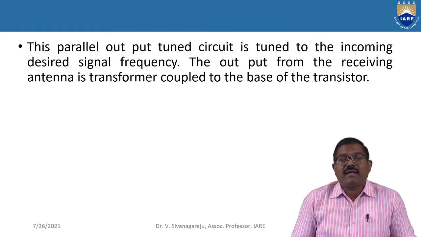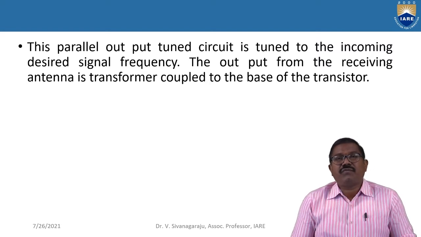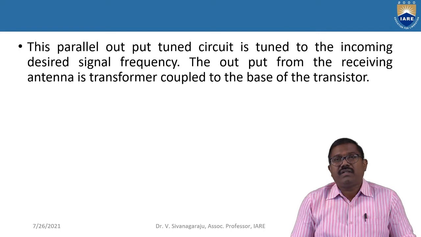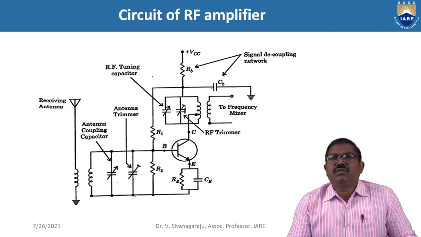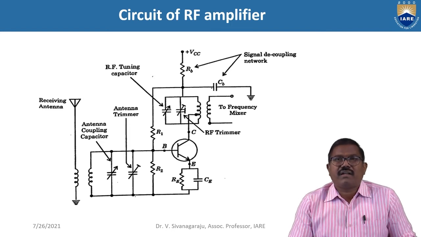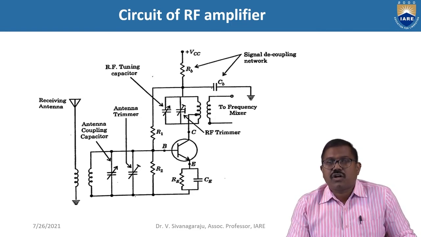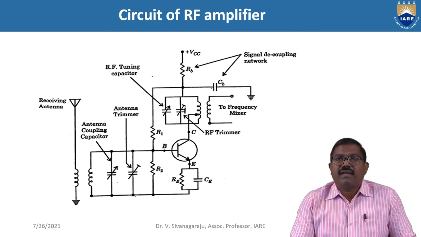What is the block circuit diagram of the RF amplifier, what is the description of this RF amplifier, and what are the advantages of this RF amplifier, we are going to discuss. So this is a circuit of the RF amplifier. Here you can see the receiving antenna, which has this coupling, and one transistor is there.